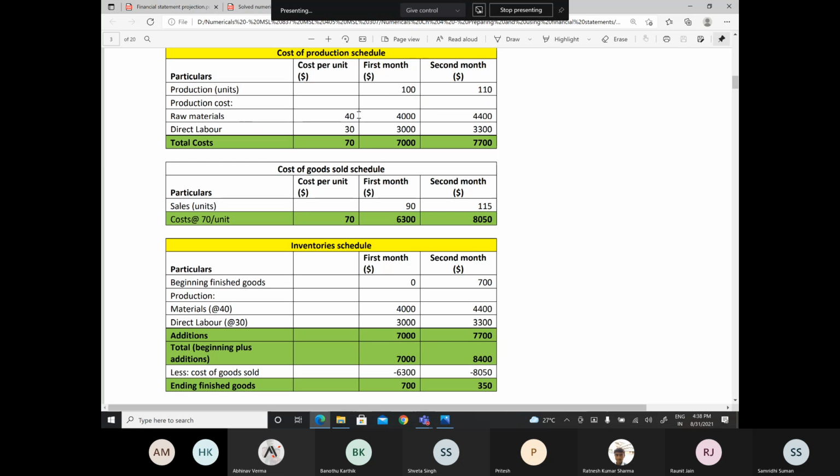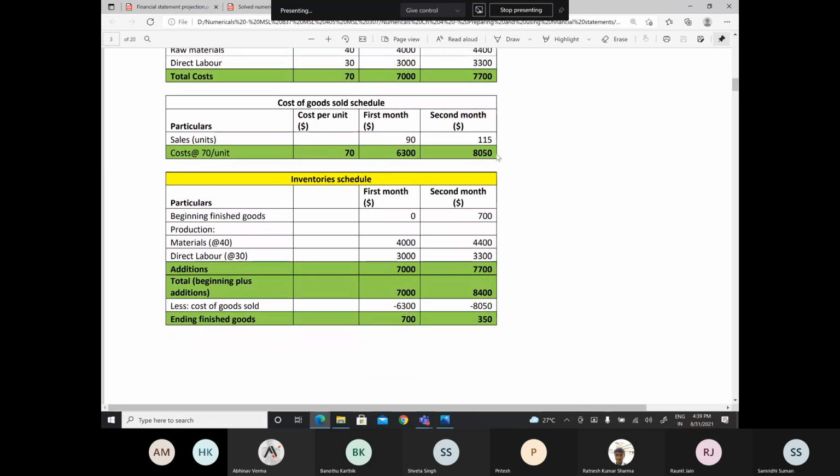So material cost becomes 40 into 100, that is 4,000 for the first month, and 40 into 110, that is 4,400 for the second month. Labor becomes 30 into 100, which is 3,000 for the first month, and 30 into 110, which is 3,300 for the second month. So this gives us a total cost of 7,000 for 100 units in the first month and 7,700 for 110 units in the second month.